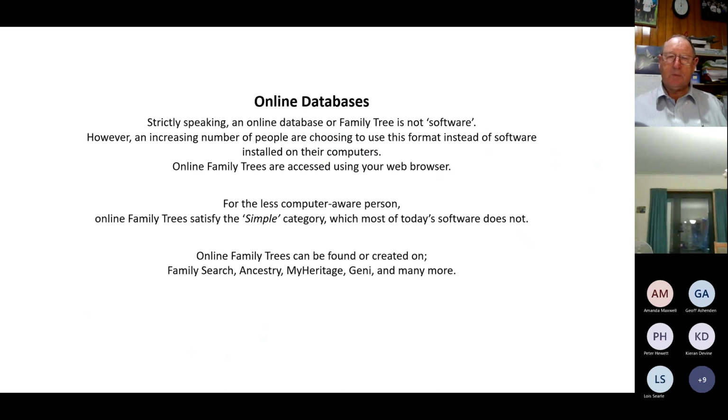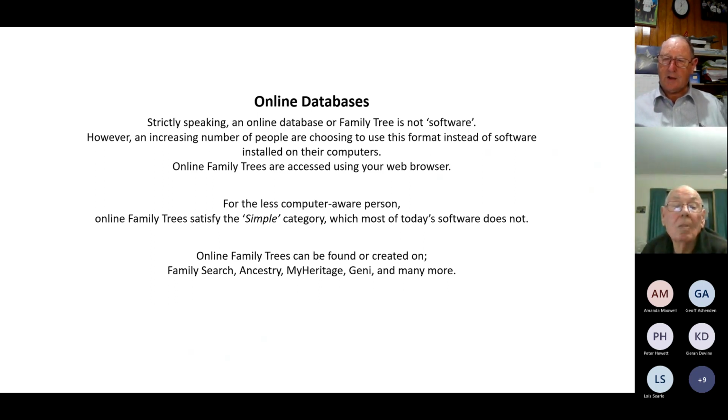Online databases. I'm just going to touch on these simply because they do have a place in our research activity. Strictly speaking, an online database or family tree is not software. However, an increasing number of people are choosing to use this format instead of software installed on their computers.